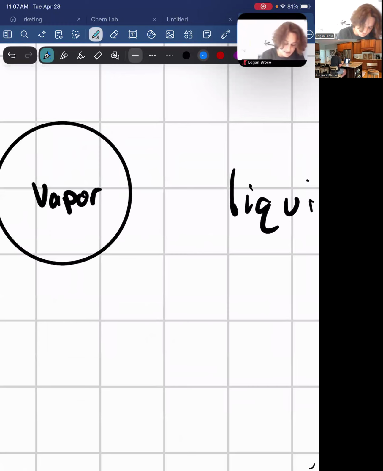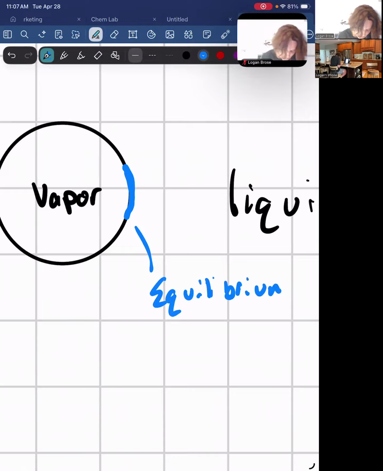We know that this surface here is going to be at equilibrium. And so when we look at this, as this vapor is going up in the liquid, it is going to be producing the heat of vaporization as it mixes with the water, right?